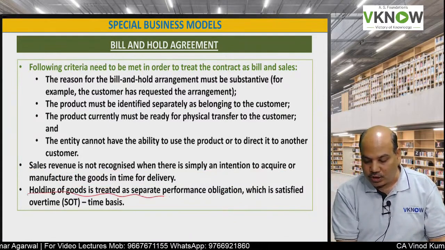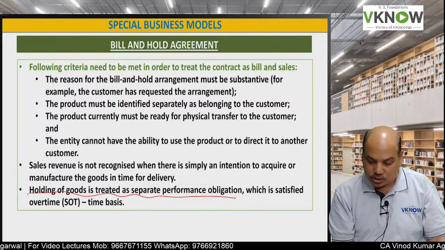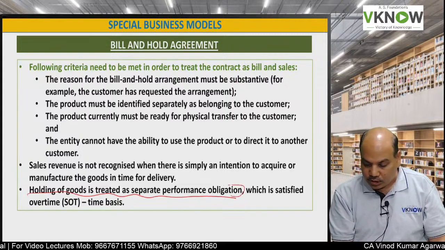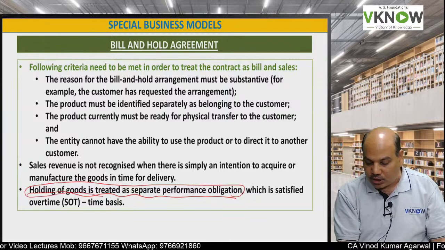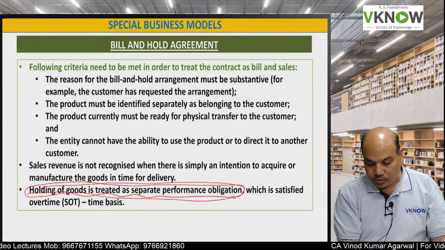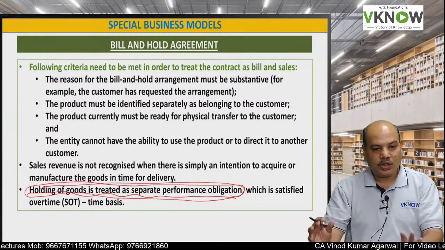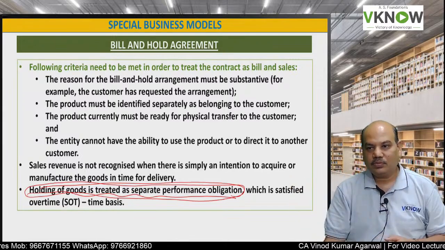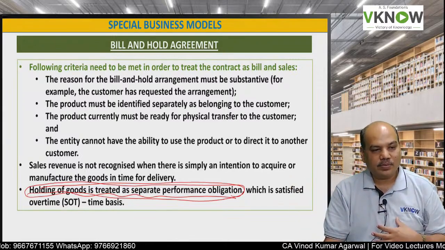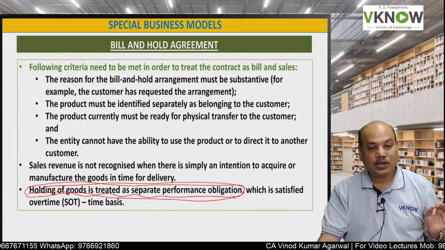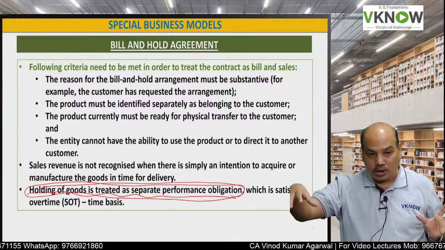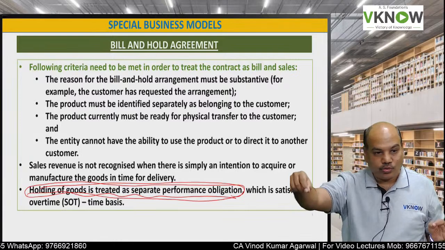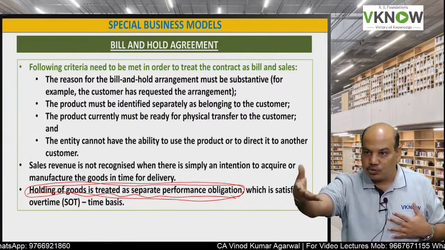Holding of goods is treated as a separate performance obligation. If you hold the goods on behalf of the customer, and he says, "You keep these goods with you, I will come after 3 months and collect," then you will say, "See boss, I will hold it on your behalf, but I am going to charge you some rent for this because I have sold it to you.